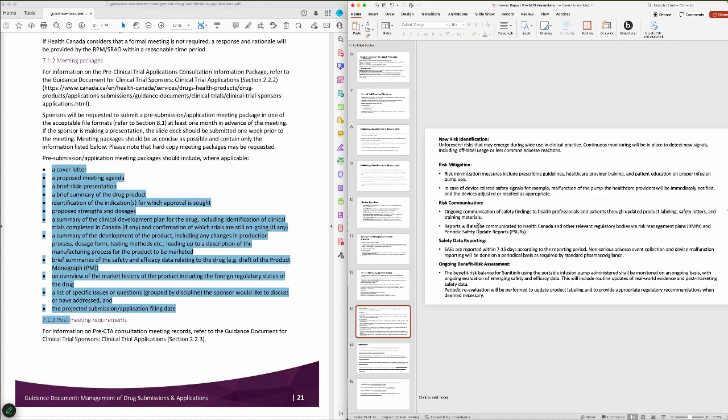And then safety data reporting. This is for, again, reporting adverse drug reactions to Health Canada as well, and ongoing benefit risk assessment, which is part of the activities that the company has to continue to do even if we are on the market.